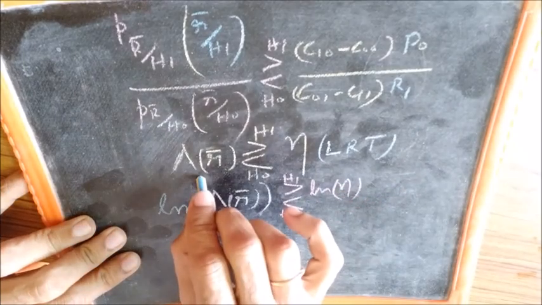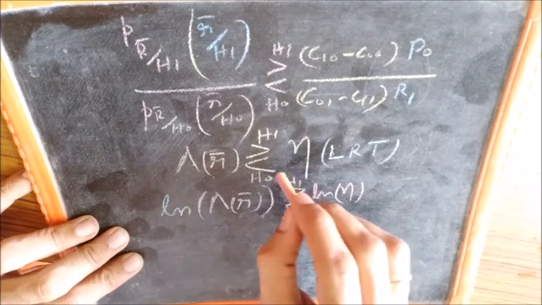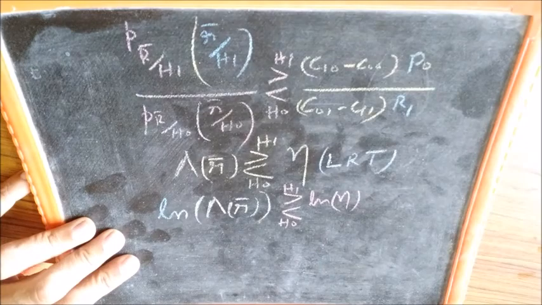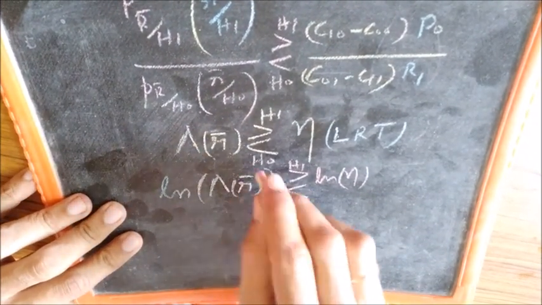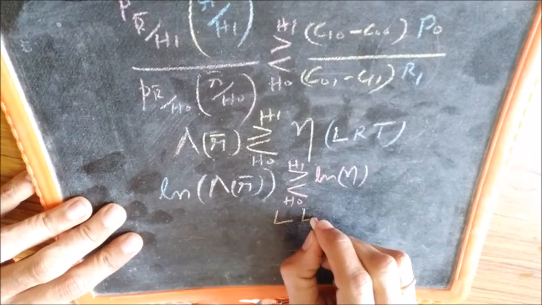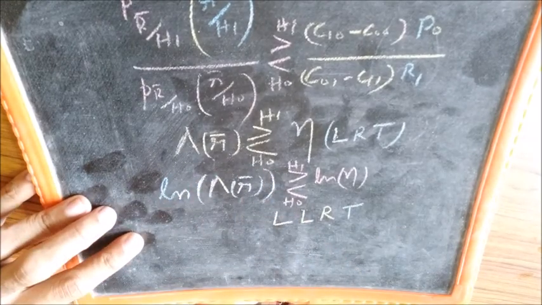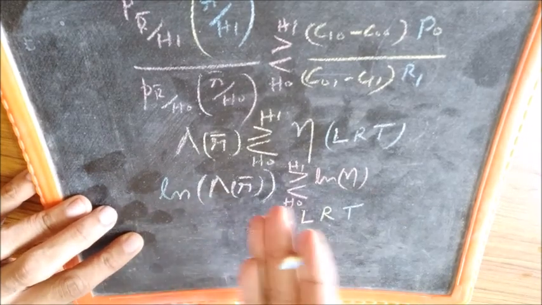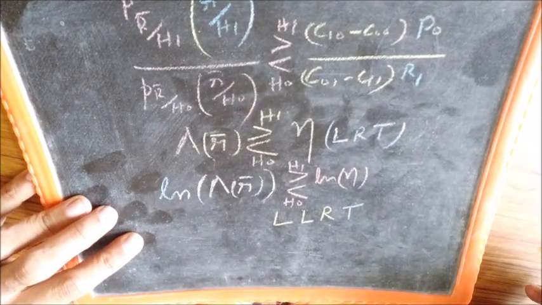That is, you take the likelihood ratio and conduct a test, in the sense you see whether it is greater than or less than eta, where eta is as defined here, and then arrive at a decision on which was the true hypothesis. When you express it in terms of natural logs, we call it a log likelihood ratio test, and this is called a log likelihood ratio. So again, in the log likelihood ratio test, you take the natural log of the likelihood ratio and compare it with the natural log of eta and arrive at a decision.